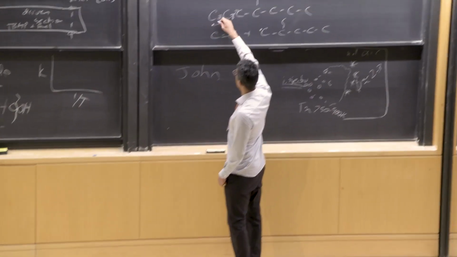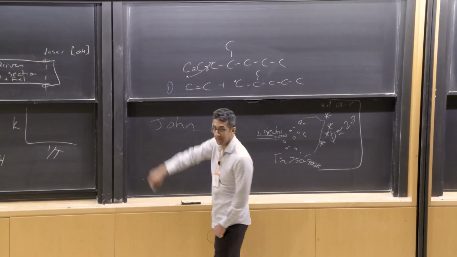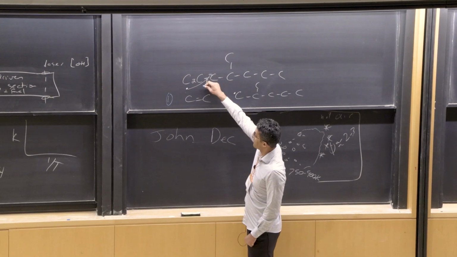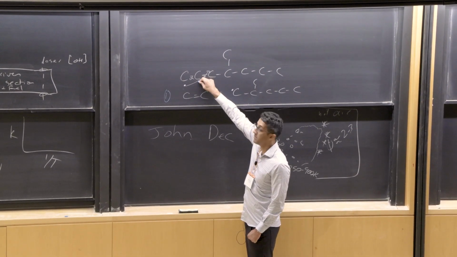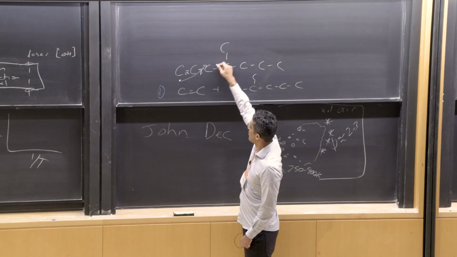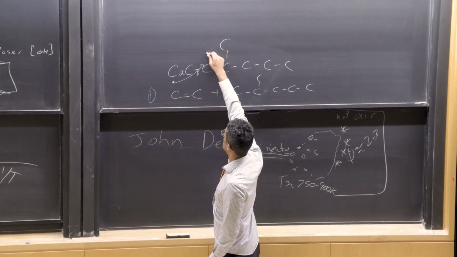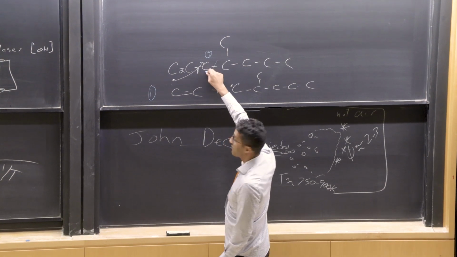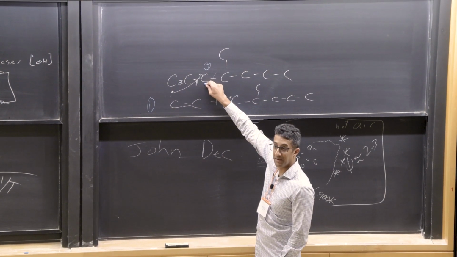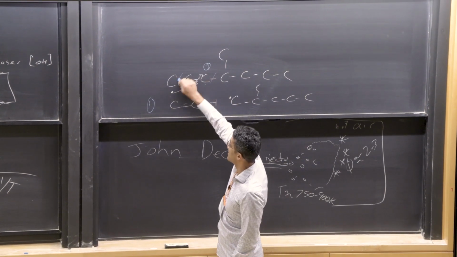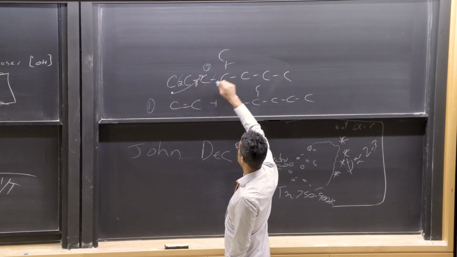If the radical's here, you break here, this is 1. If the radical's here in the middle, second carbon, how many do we have? Also only one possible beta scission, so that's 2. If the radical's here, how many do we have? We have 2, because you can break this side, you can break this side, but you can also break this side.